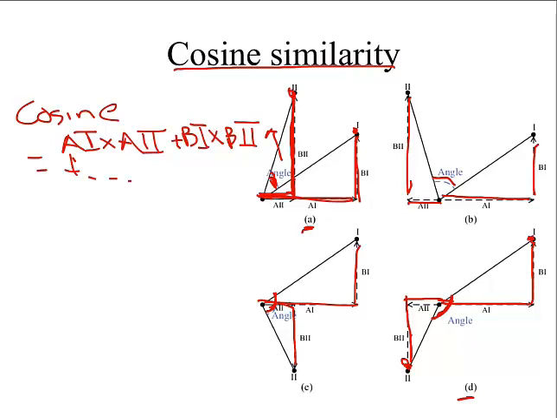We typically have more than 2 users for the same movie, so we'd have C1 times C11 plus D1 times D11, and so on. Basically, we're comparing the relative values that the same user has attributed to those 2 different movies. And then we divide by the length of the segments just to normalize it.